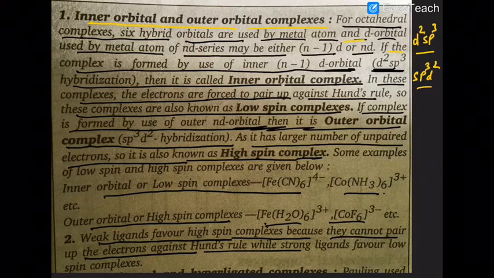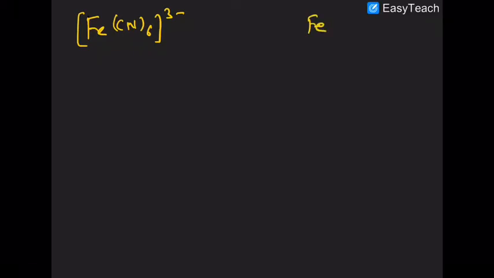Now look at the example. Now what we have here is Fe(CN)6 3- and FeF6 3-. In both cases, iron is +3.